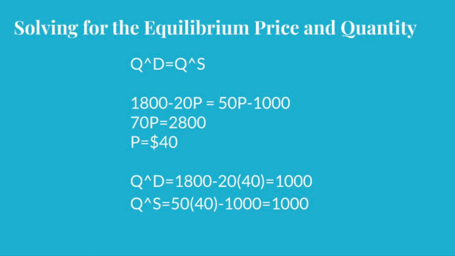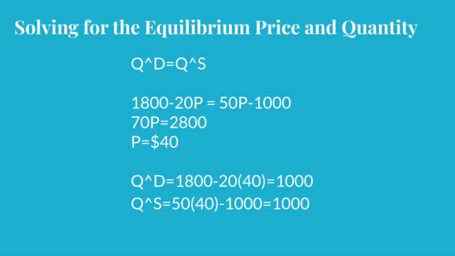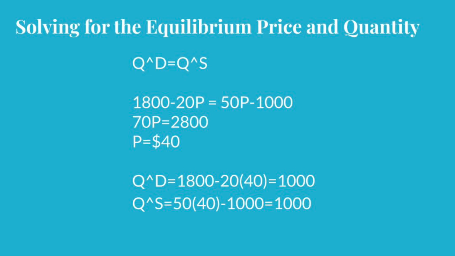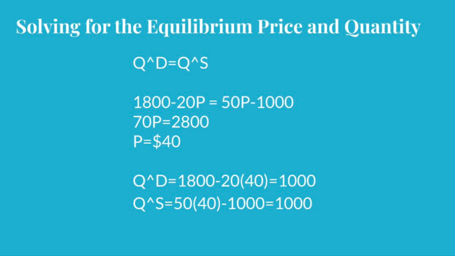Now, when it comes to solving for the equilibrium price and quantity, all we need to do is set our demand and supply equal to each other, expressed like so: Q^D = Q^S, where D is demand and S is supply, and solve for the price that makes this equality happen.